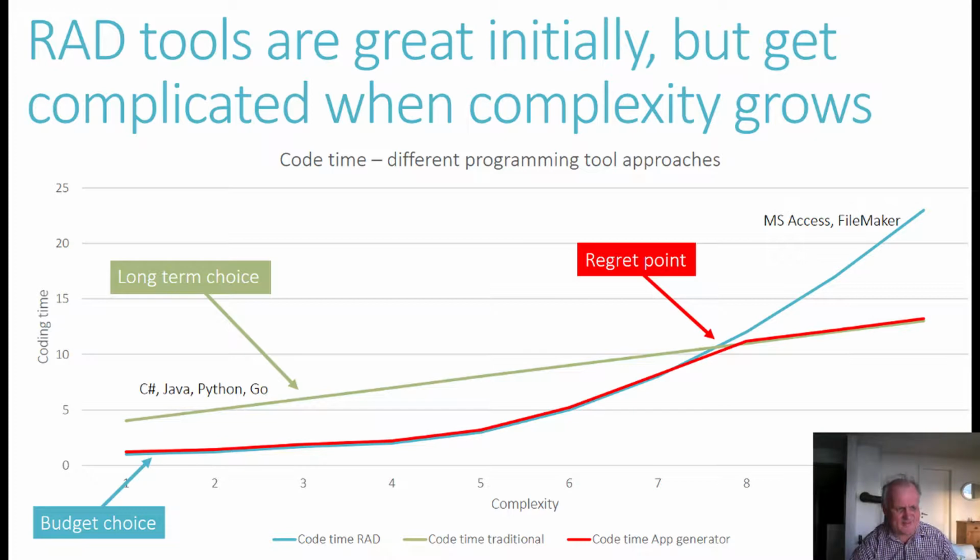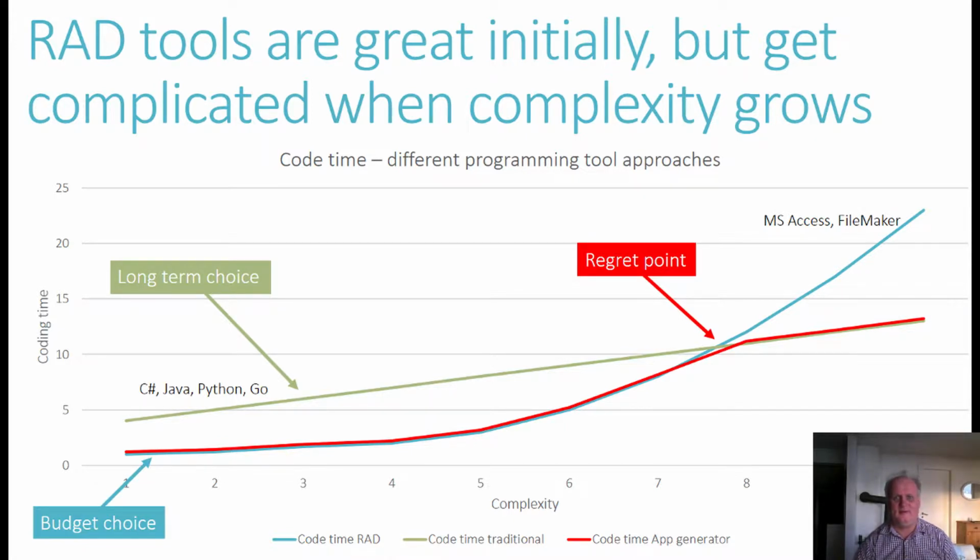The x-axis here is the complexity of the program, and the y-axis here is how much coding time you actually have to spend. For obvious reasons, when you start up a project using these RAT tools like Access and FileMaker, you get a head start because it's really easy to set up a couple of screens, and a lot of things are predefined for you.